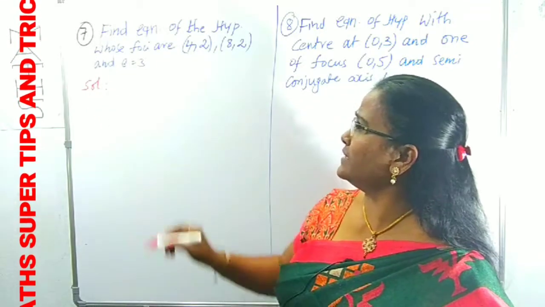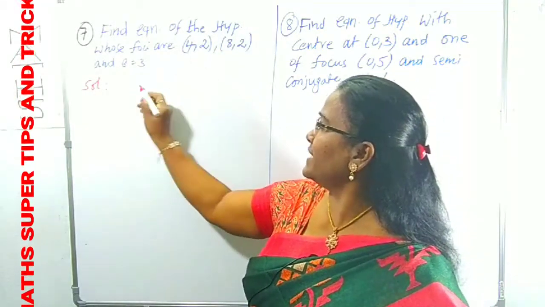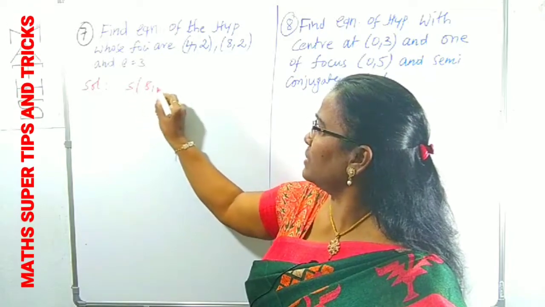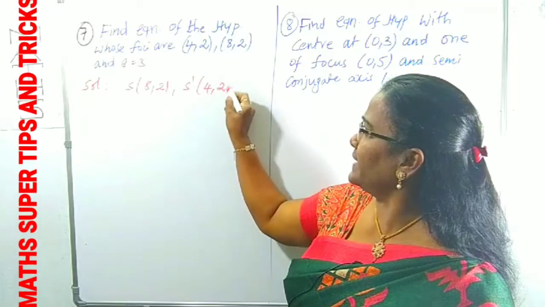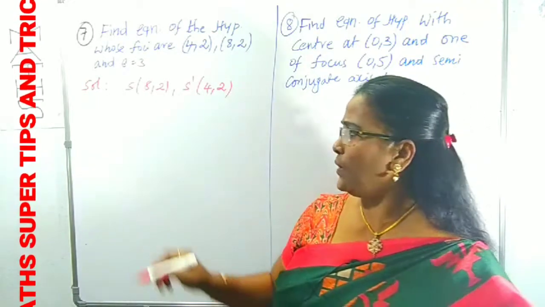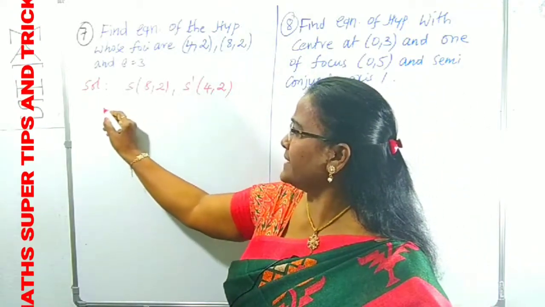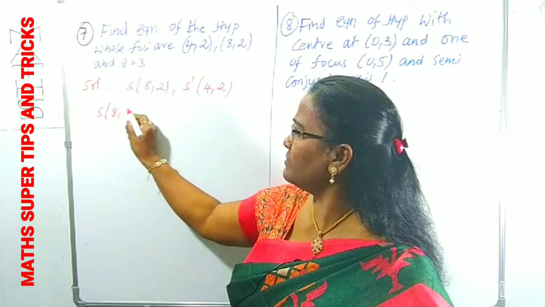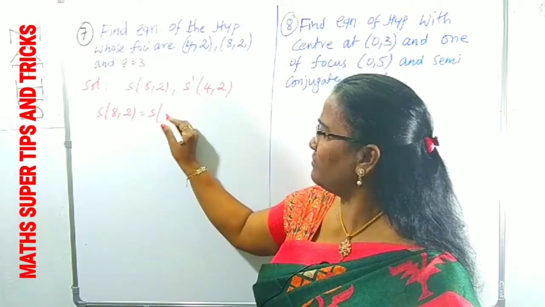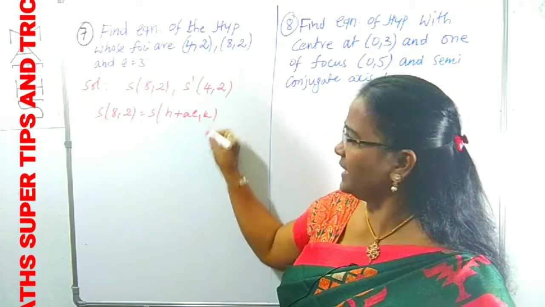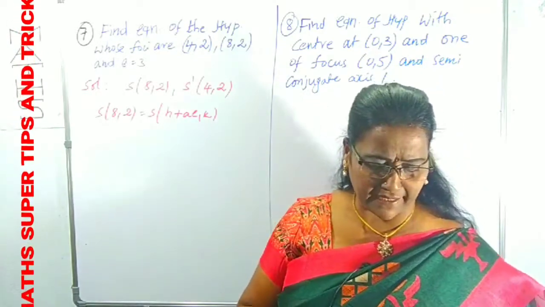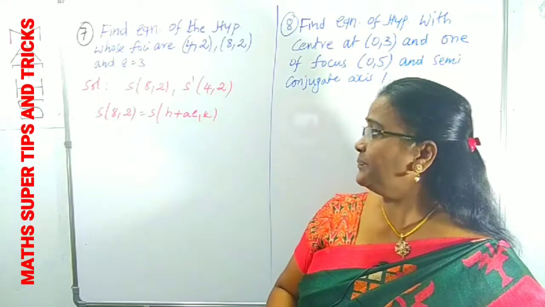First, what are the given foci? We can take S as (8, 2) and S dash as (4, 2). You know, clearly S is (8, 2), which means S is in the form of (h plus ae, k). h plus ae comma k, that is S. Clear?